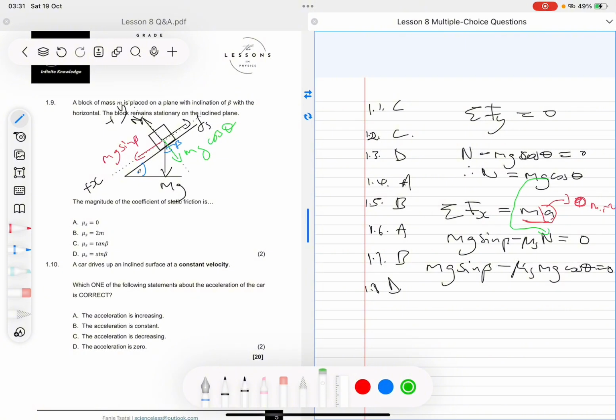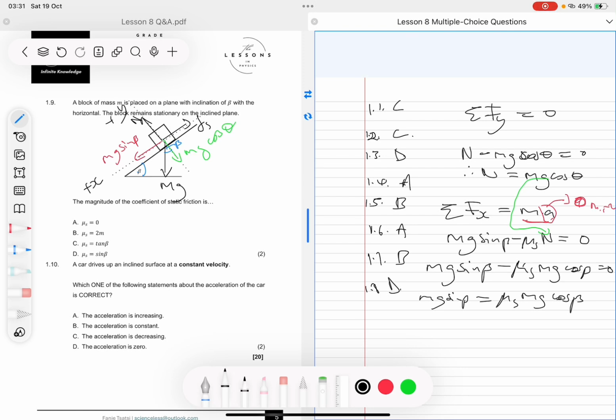Now I'll take this whole thing here to the other side so that I have now the coefficient of static friction mg cos of theta, mg sine of, no, this is beta, it's not theta. This is beta, it's not theta. Cos of beta.